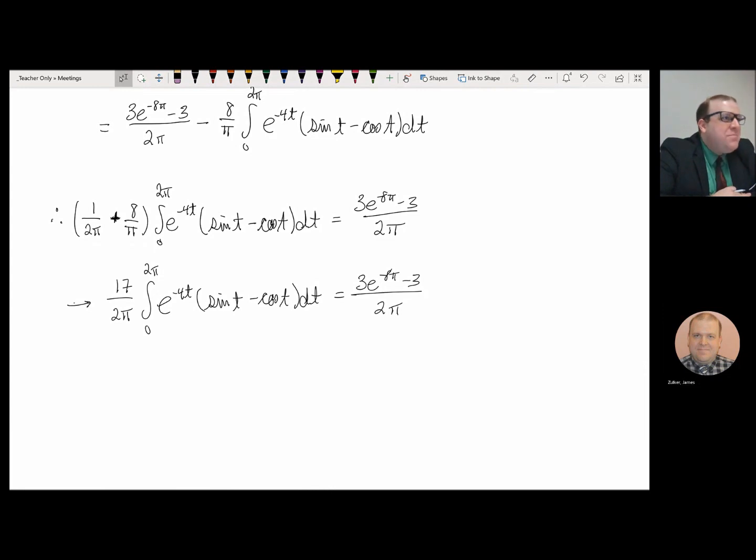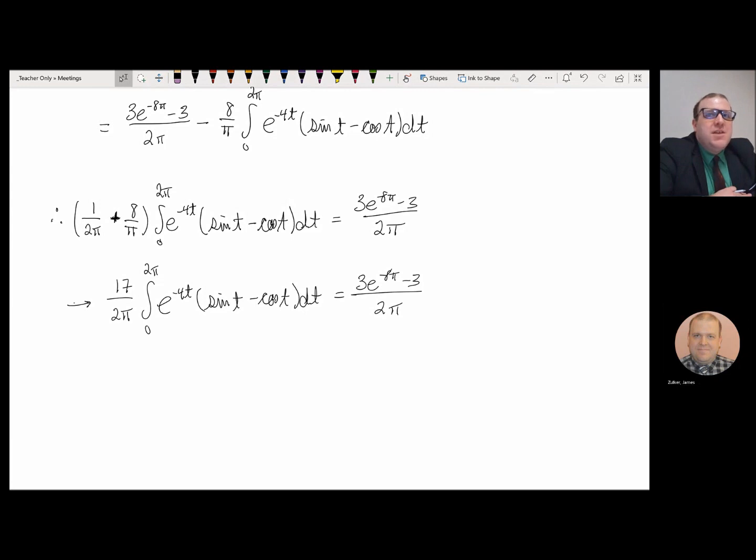Now you might be tempted to multiply both sides by 2 pi over 17. Don't do that. Remember, we're trying to find average value. We want 1 over 2 pi times the integral to equal something.